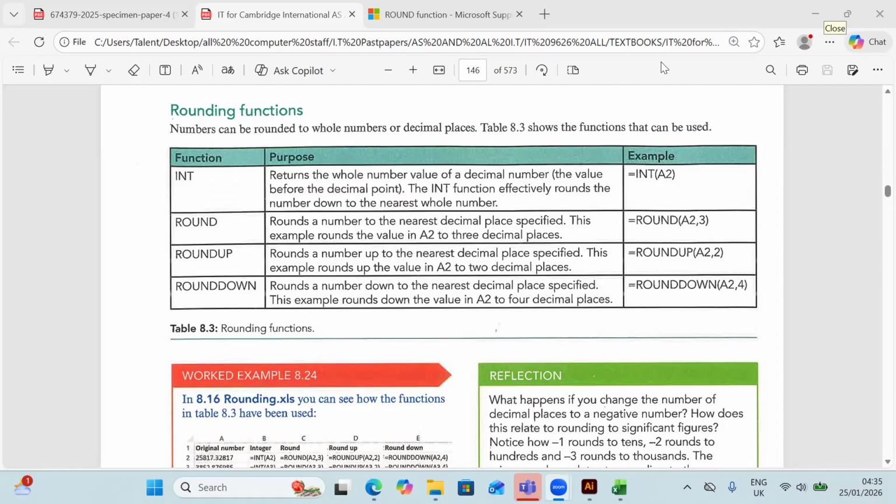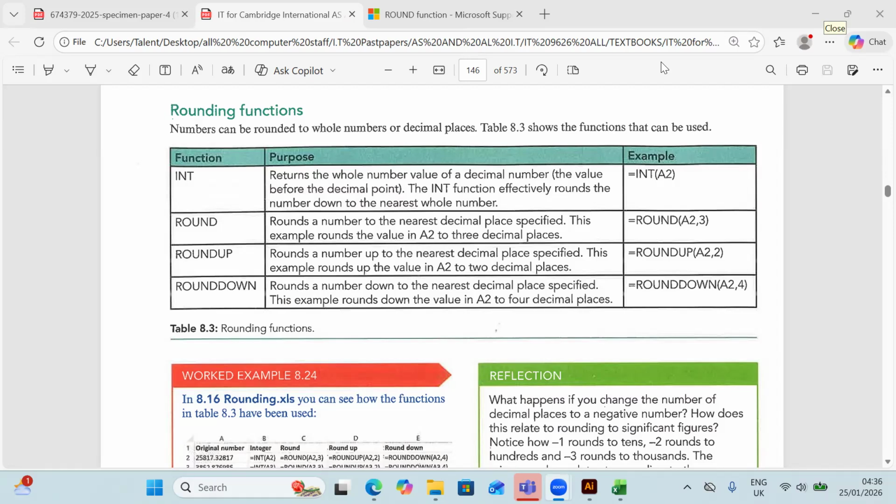So whenever we are given a number, just the whole number part is taken, ignoring the comma and all the values that come after the comma.